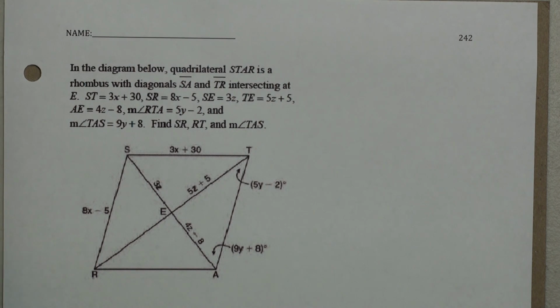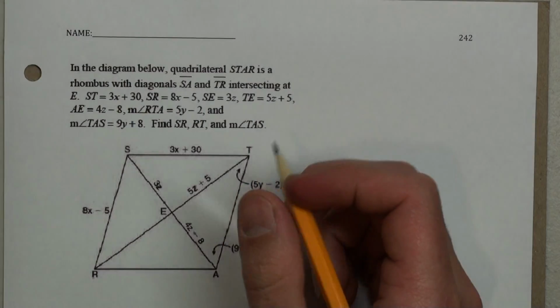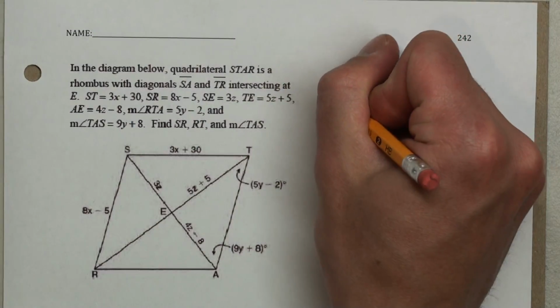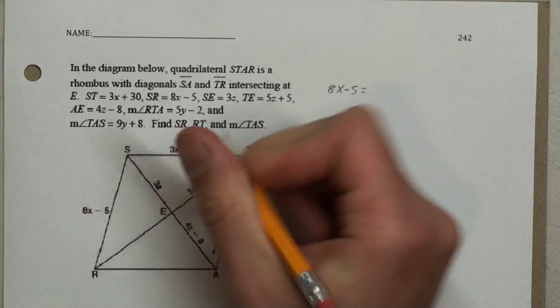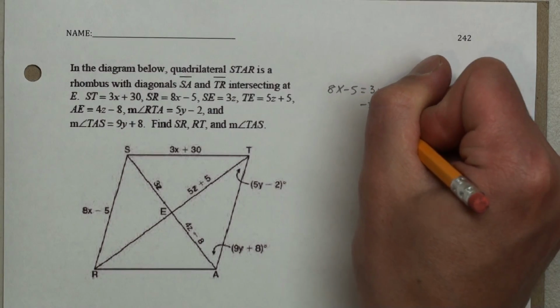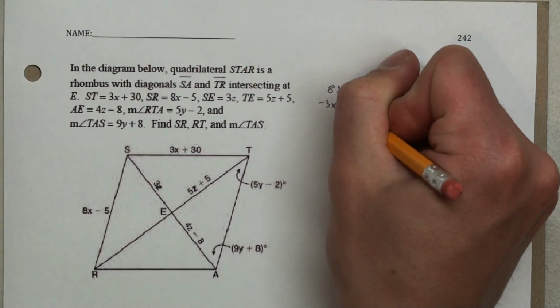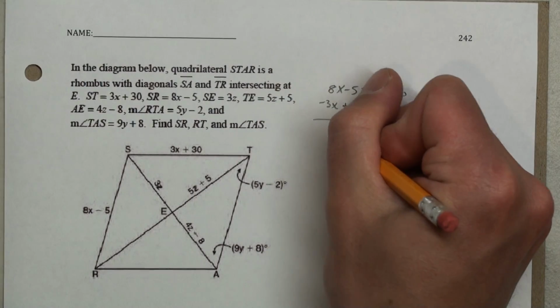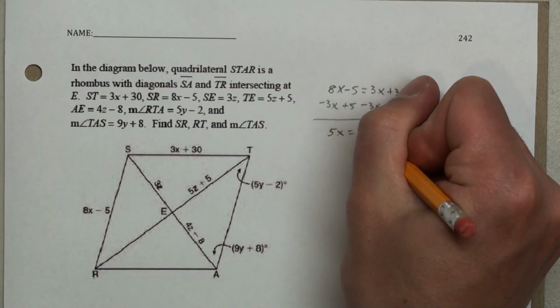Okay, let's solve this one. I know, let's do the x's first. I know 8x minus 5, since this is a rhombus, is equal to 3x plus 30 because all the sides are equal. So minus 3x plus 5. So 5x equals 35.